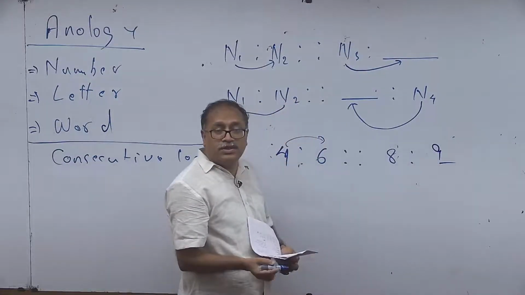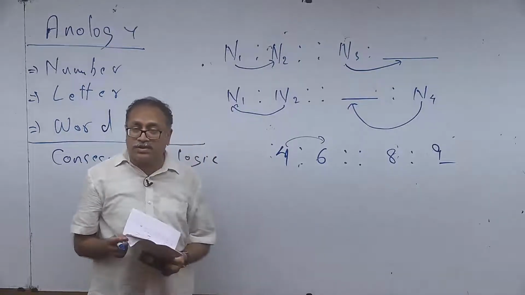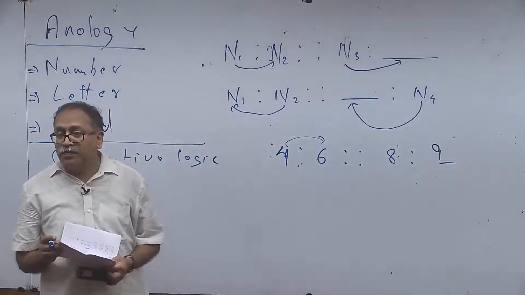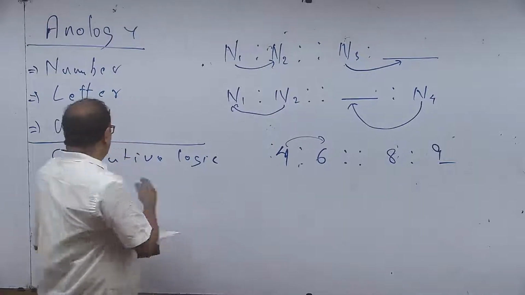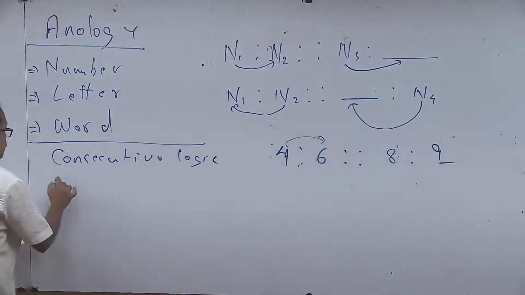So the logic could be this one also. I just have to check whether 9 is there in the option choices or not. No? Okay. So that is what I mean by the consecutive logic. There are so many consecutive logics, as I said: odd, even, composite, prime, defined numbers in sequence.